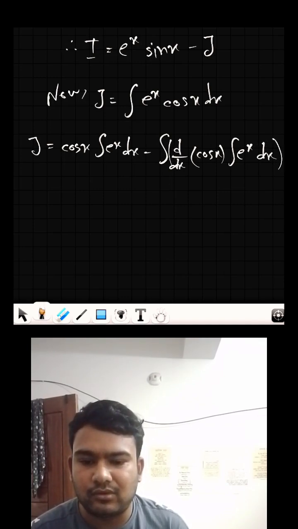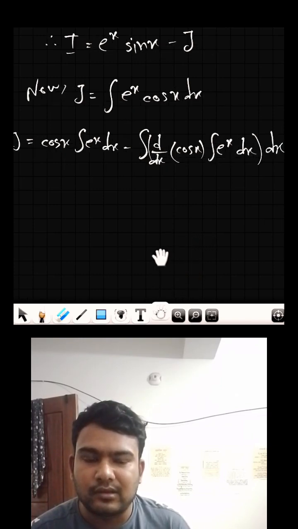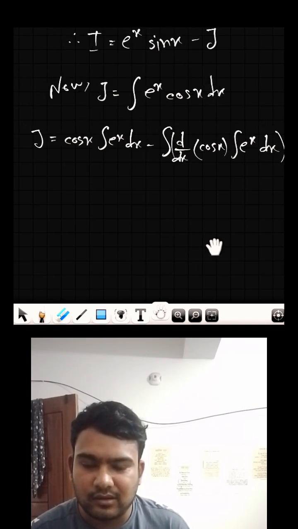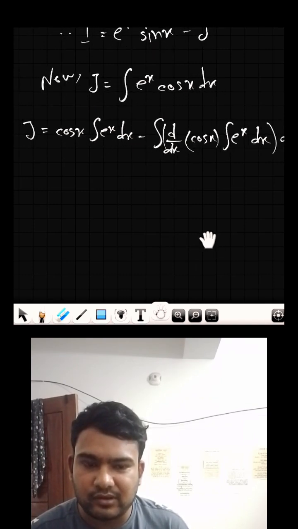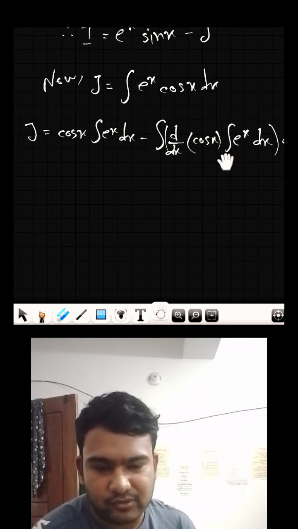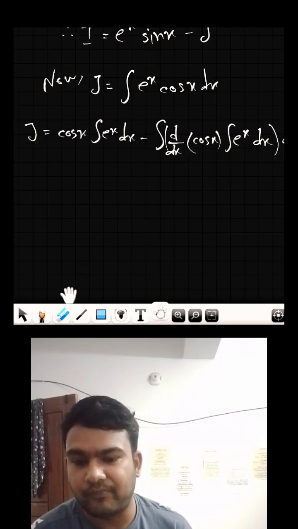Okay, so you all see here J equals cos x integration of e to the x dx minus derivative of cos x integration of e to the x dx and whole dx.